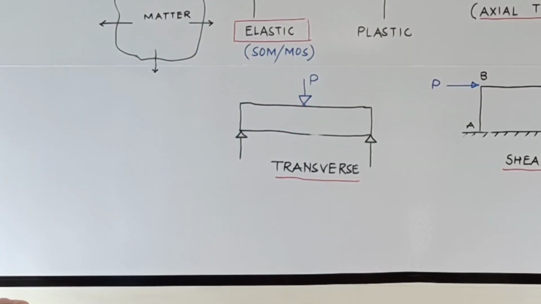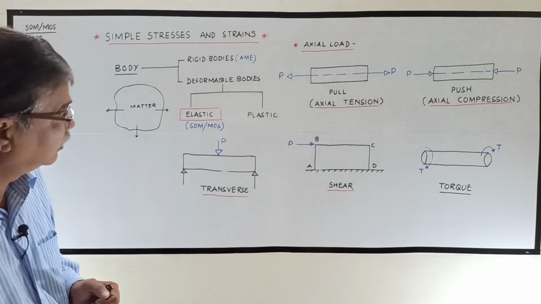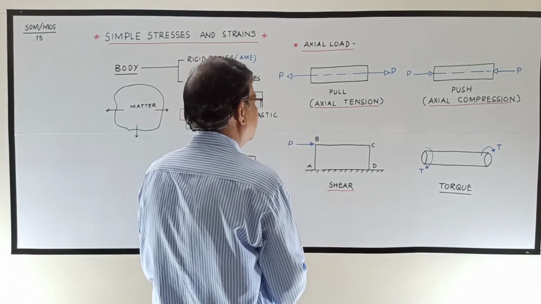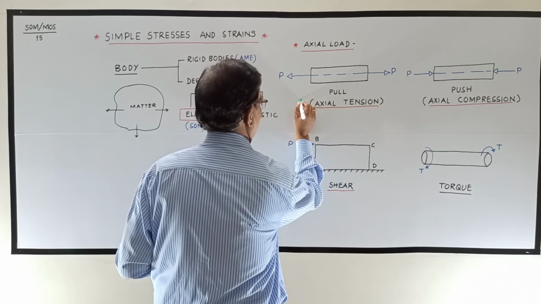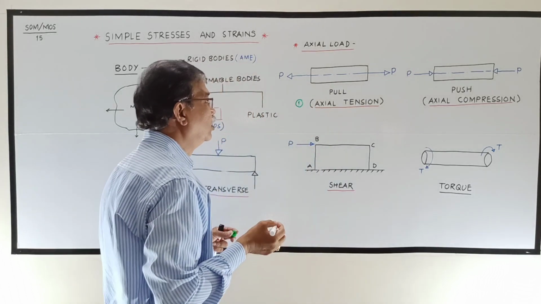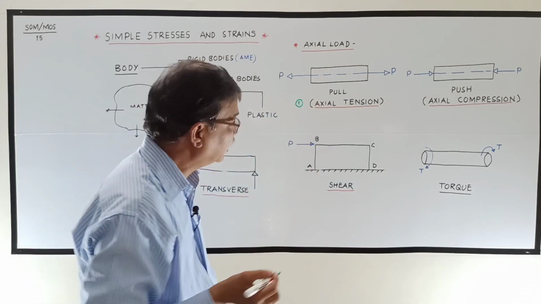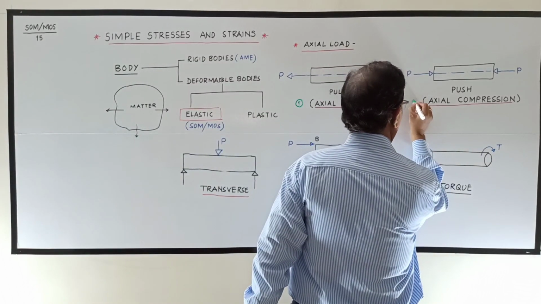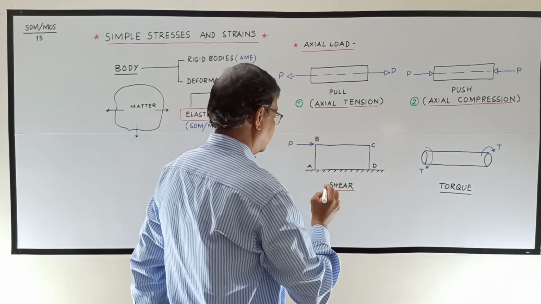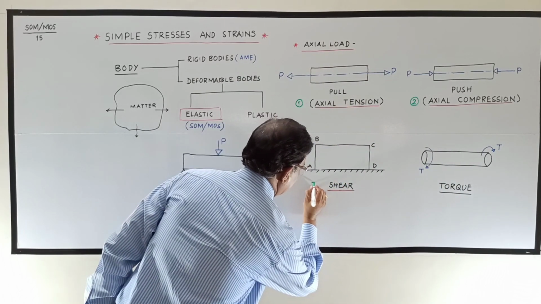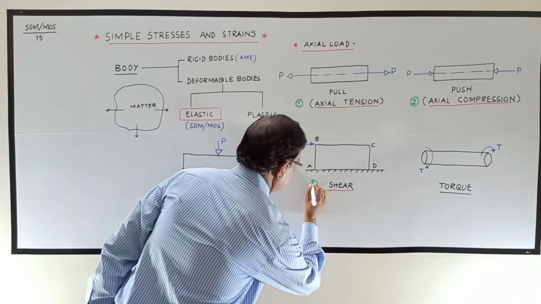So we can say that number one is axial load. Number two is of pulling nature, that is axial tension. Axial load of pushing nature is axial compression. Then the third type of load is tangential load, which is a shear load.